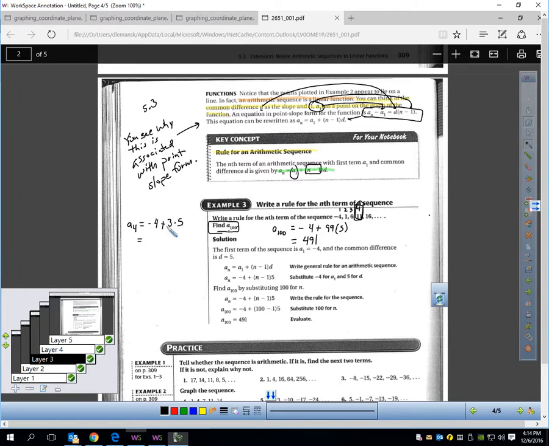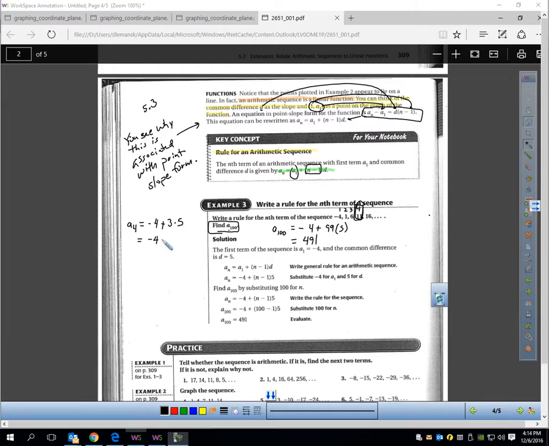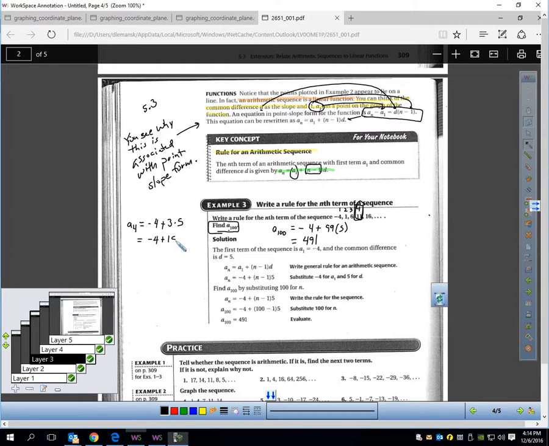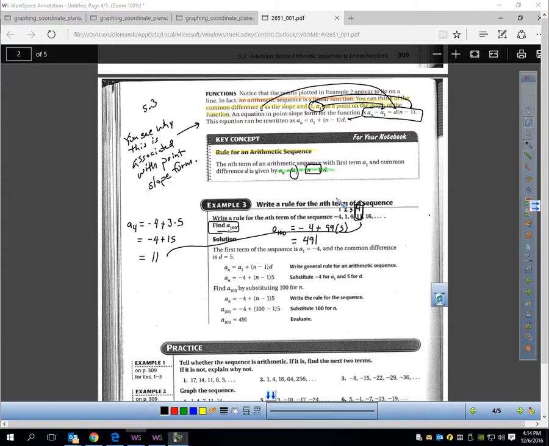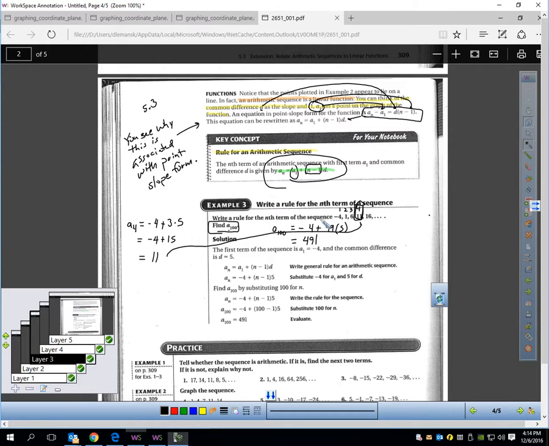So if I work this out, negative 4 plus 3 times 5 is 15, that does give me 11. Can you see how this formula actually gives me whatever term you want? If you want the 1,000th term or 500th term, it will give you whatever term you want by using that.